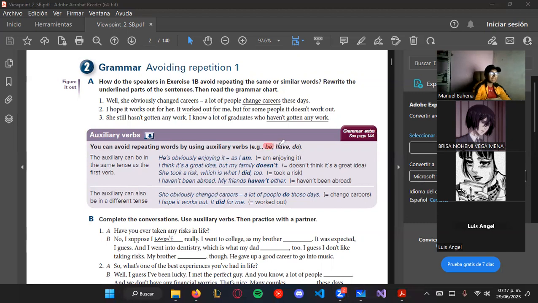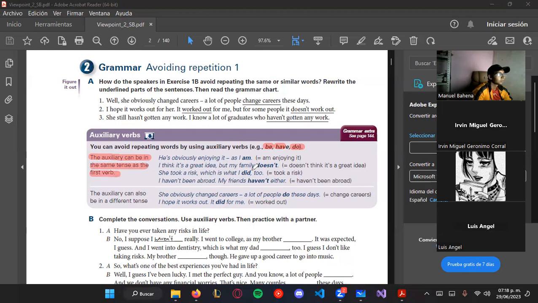The verbs be, have, and do are mainly used as auxiliary verbs. All right? So let's see about this. For example, it says, let me see, Irving, can you read it, please? This part? Yes, teacher.